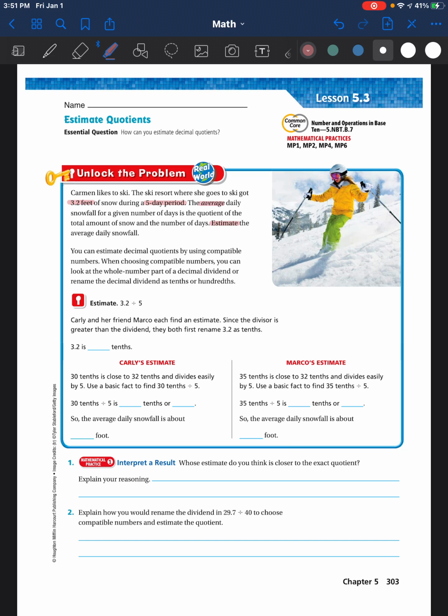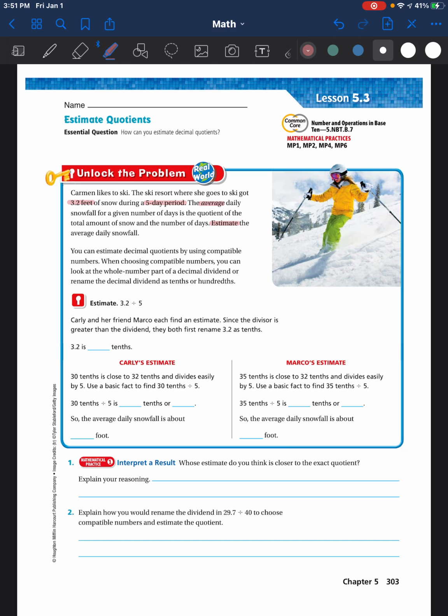Carly and her friend Marco each find an estimate. Since the divisor is greater than the dividend, they both first rename 3 2/10 as tenths. So if we think of it, what is 3 2/10? It is 32 tenths. You just essentially take out that decimal.